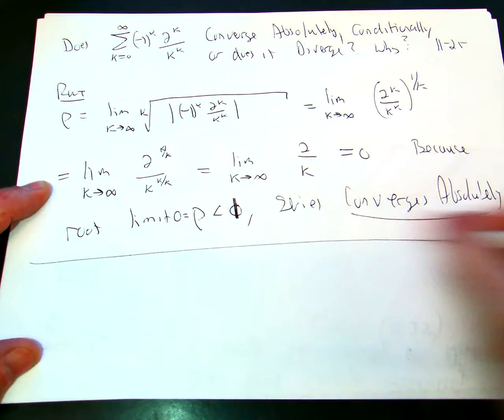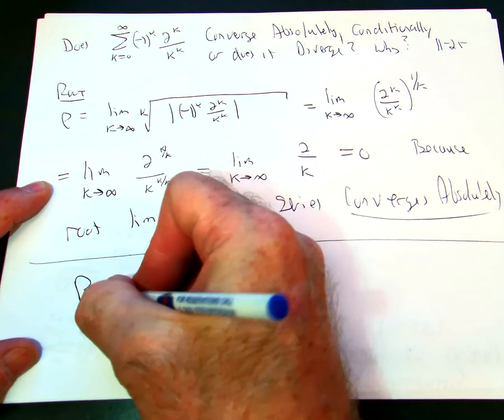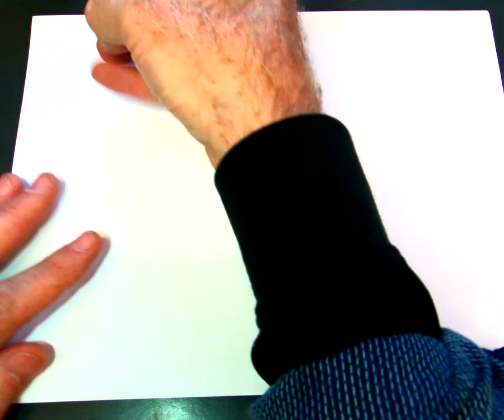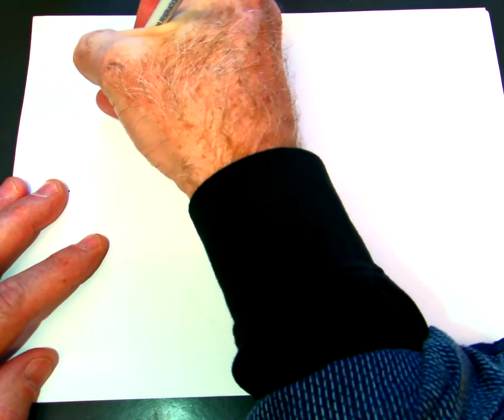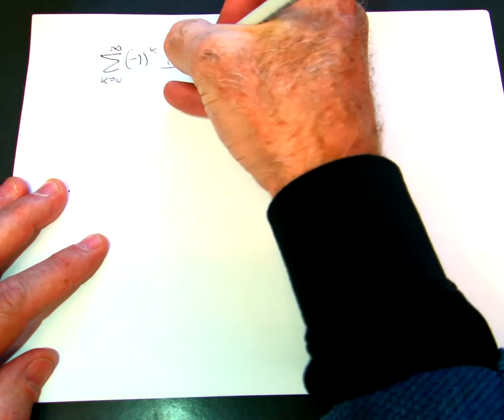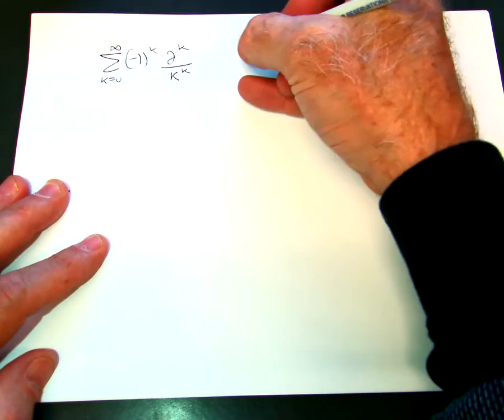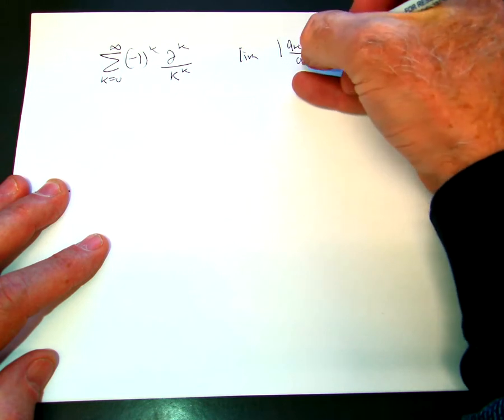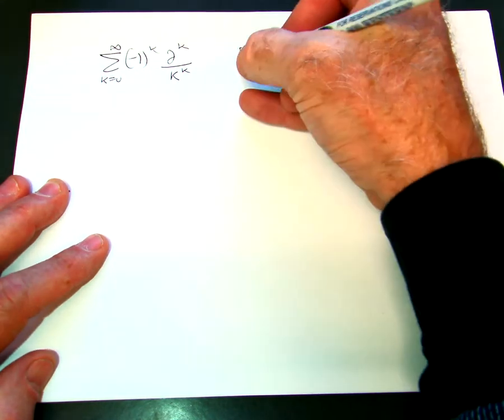Okay. Now we're done, but I'm also going to use the ratio test in case some of you did that. And I'll do that on a different page. So let me write down the series. There we are. So I need to do the limit as k goes to infinity of the absolute value of a_(k+1) over a_k.